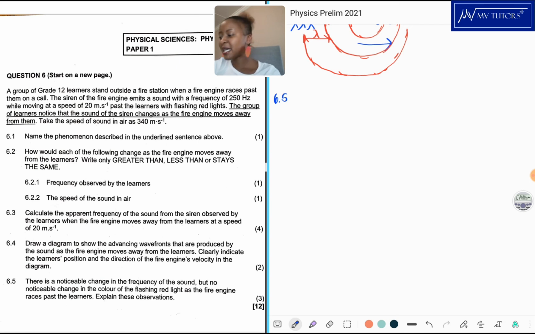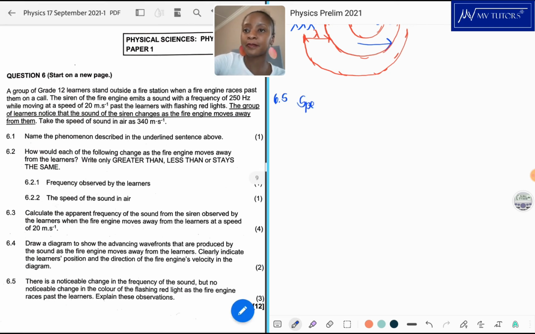So how I would tackle it is the speed of sound. The speed of sound in air is way less than, or rather, let me just say the speed of light.